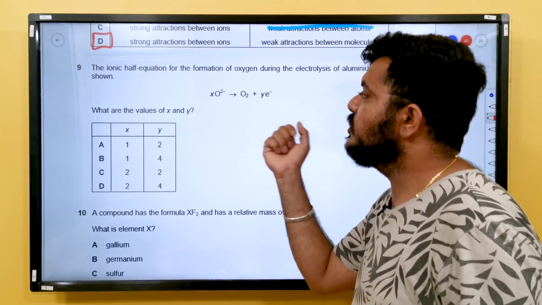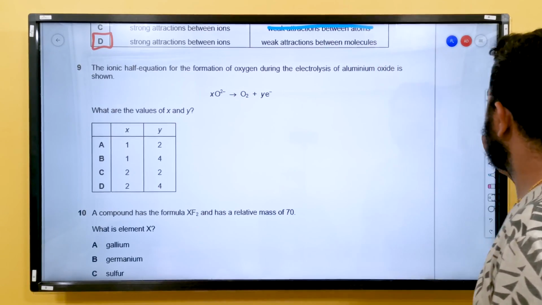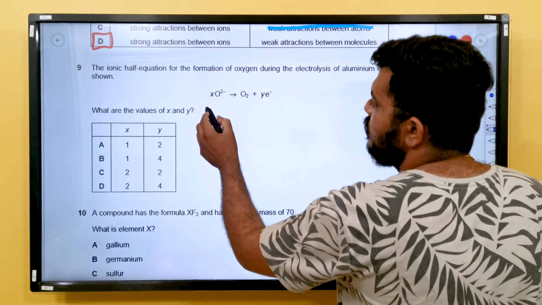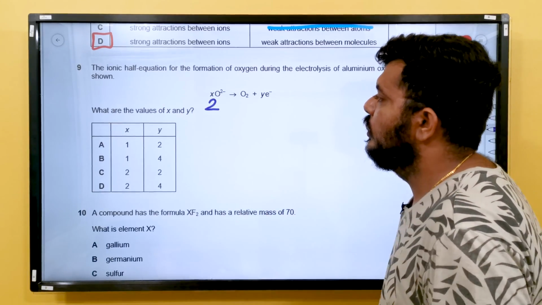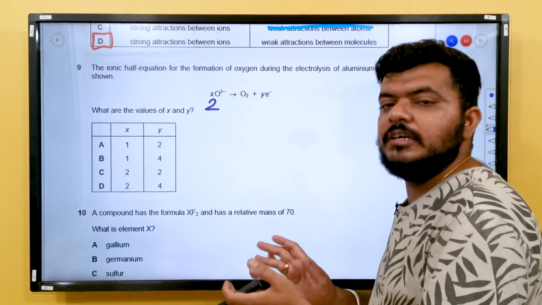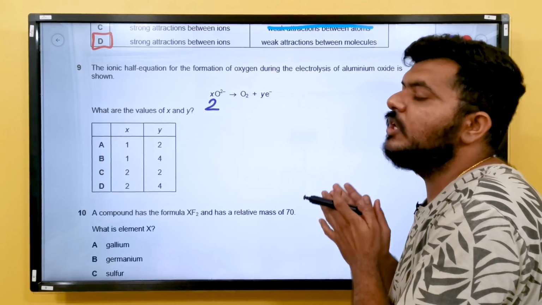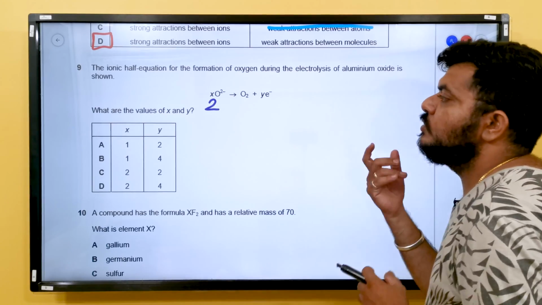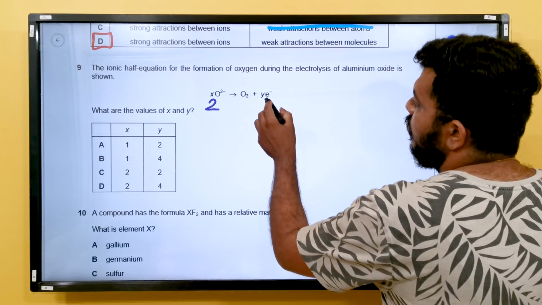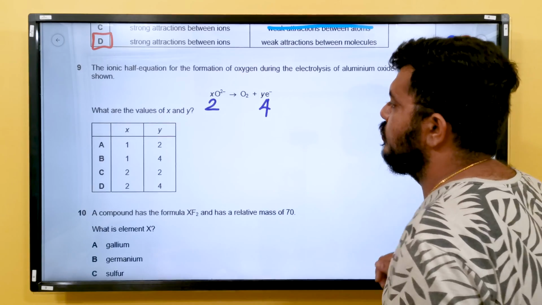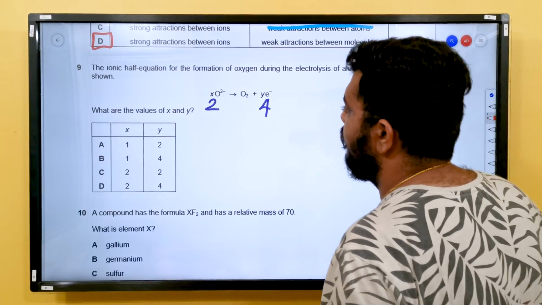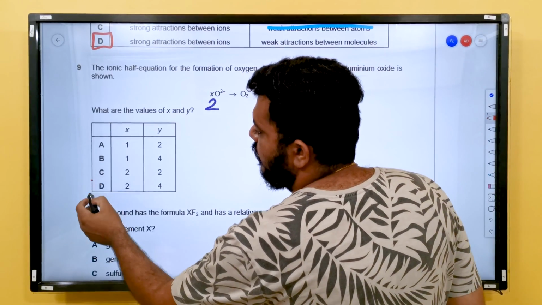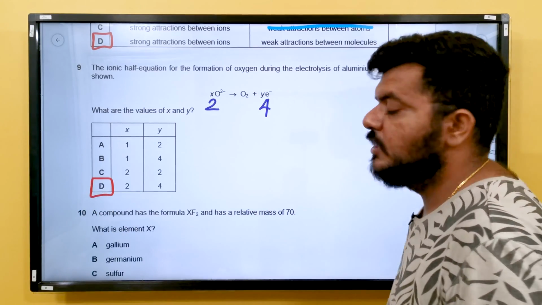So if O2 is required, then 2O2- must be present. So the value of X is 2, right? And if one atom of oxygen loses 2 electrons, it has a 2 minus charge, so it will lose 2 electrons. So 2 atoms of oxygen will lose a total of 4 electrons. So the correct values of X and Y are 2 and 4, and therefore the correct option is D.